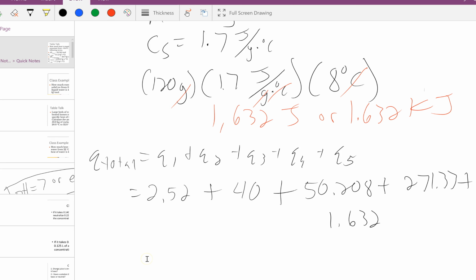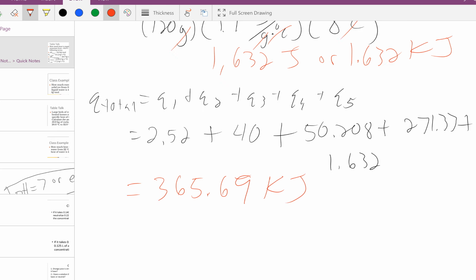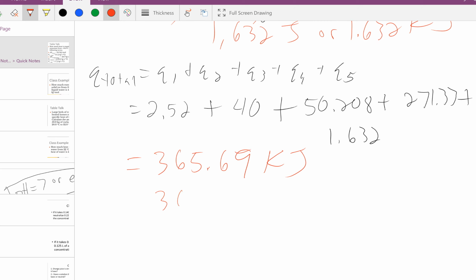Now, doing the math is going to add up to a total of 365.69 kilojoules, which, if I were to do sig figs here, would be 366 kilojoules. And that is your final answer.